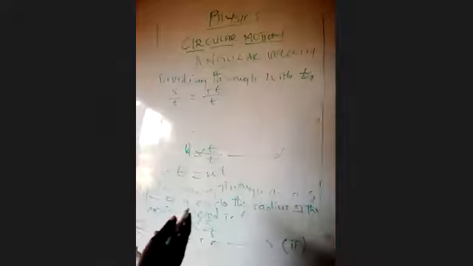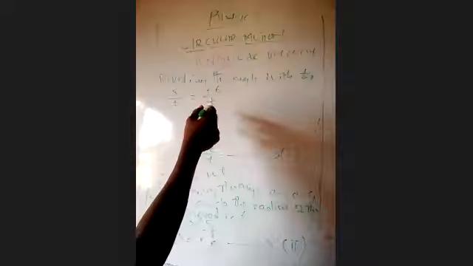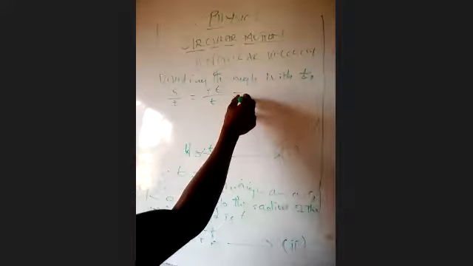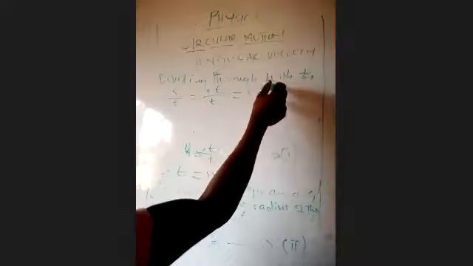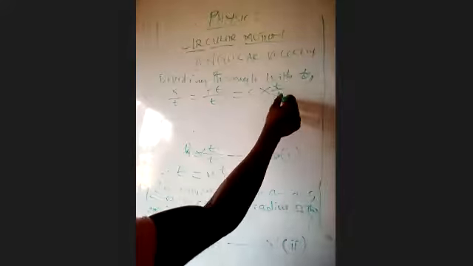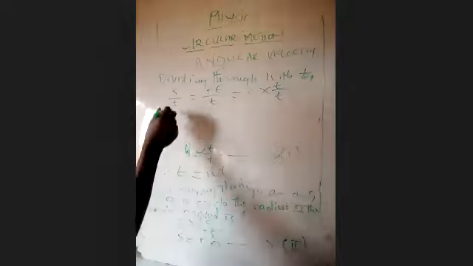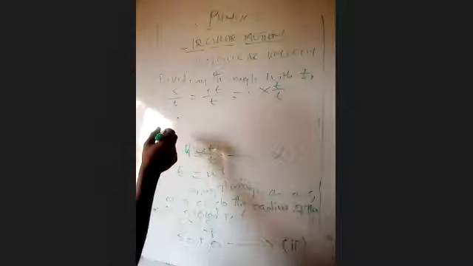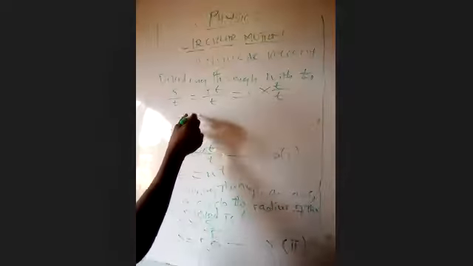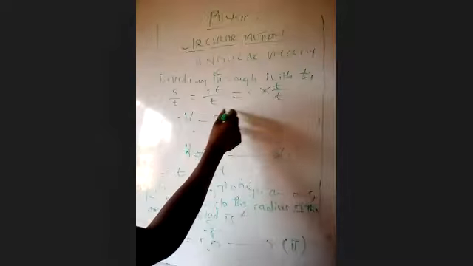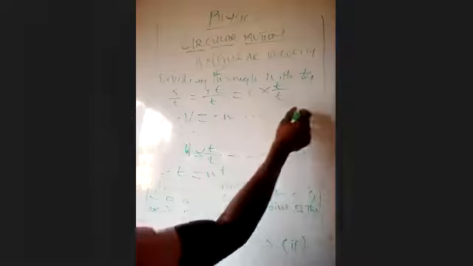So dividing equation 2 by t, S all over t equals R theta all over t, which is R times theta all over t. Therefore, velocity v will be equal to Rω, which is equation 3.